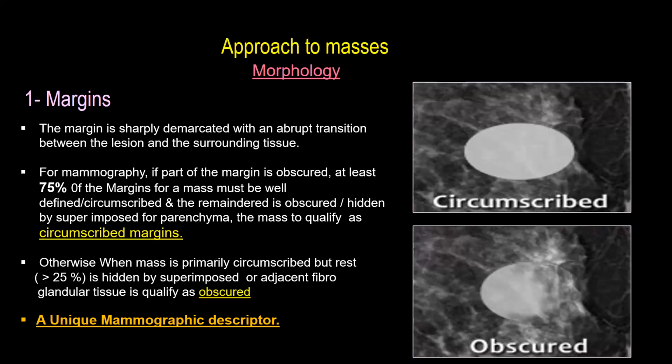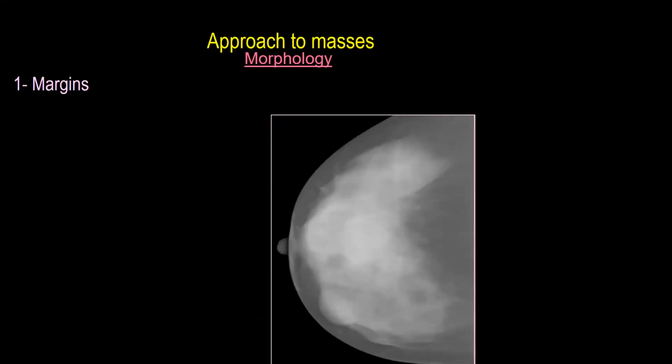Now the descriptor is circumscribed only, not well-defined or well-circumscribed. And the obscured, you can say obscured, or you can say circumscribed, partially obscured. And to say circumscribed, partially obscured, you need to see more than 25% of the margin obscured by the adjacent parenchyma. What is the margin of this mass?